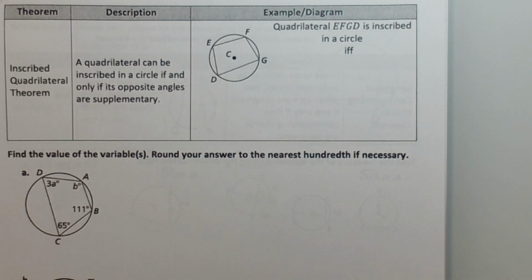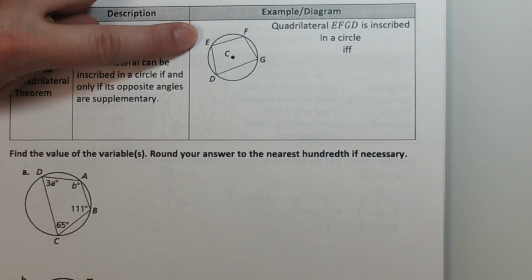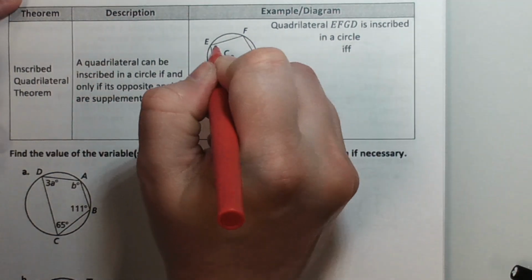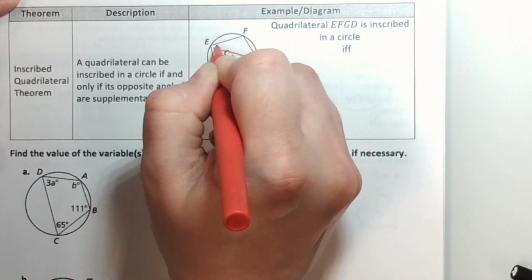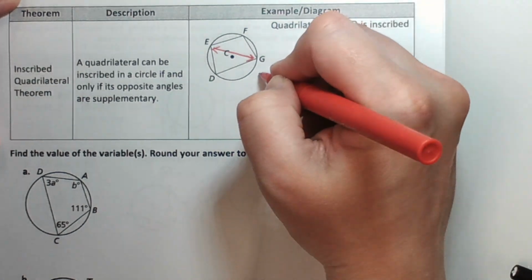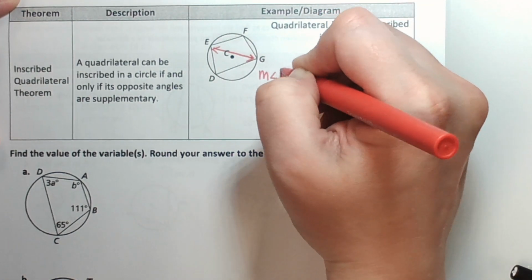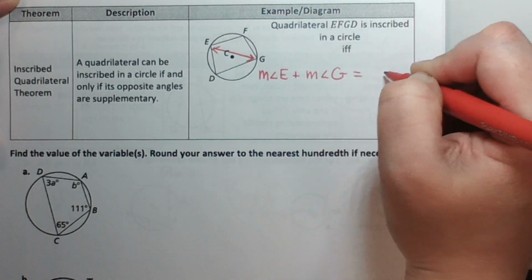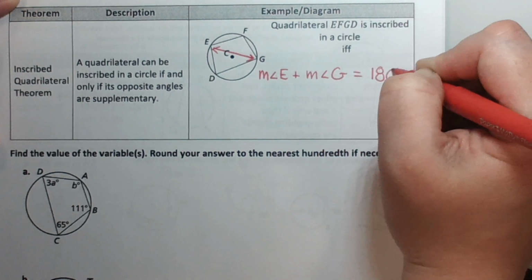What does it mean for the angles to be opposite? Like E would be opposite of which one? G. E would be opposite of G. And those are going to be supplementary, which means the measure of angle E plus the measure of angle G is going to be equal to 180 degrees.